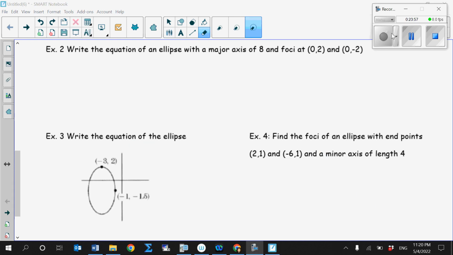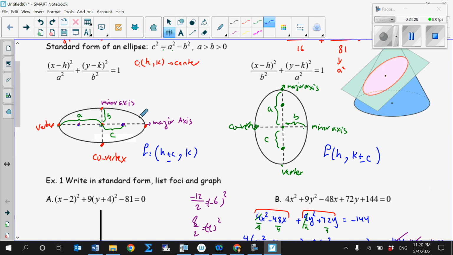Okay, now let's work on the next example. We want to write the equation of an ellipse with a major axis of 8 and focus points at (0, 2) and (0, negative 2). So first of all, if the major axis is 8, that means 2a is equal to 8, because we learned before that this is the major axis, half of that is a.